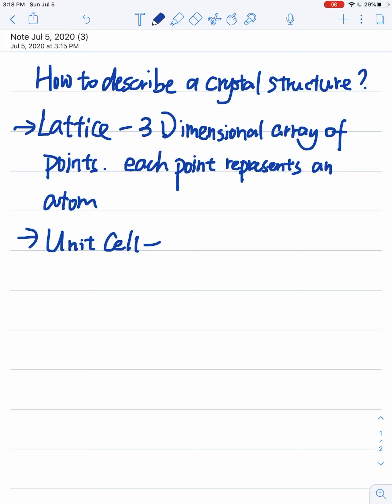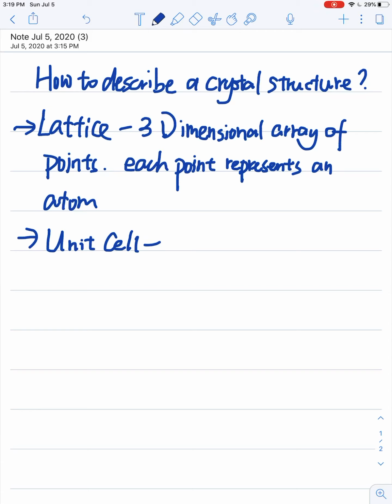The unit cell is the most basic structure. You could say it's the most basic building block for materials. It's kind of like the bricks to build a house, and it represents the geometric symmetry of a crystal structure.